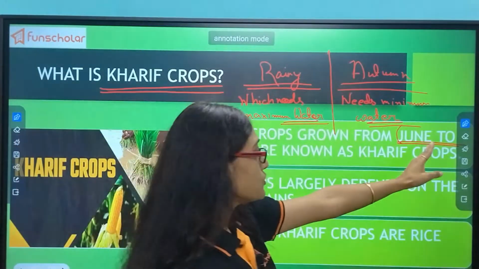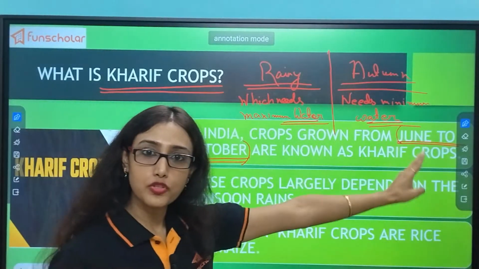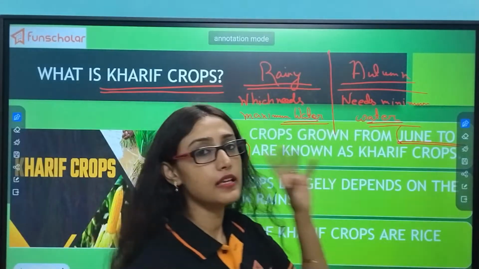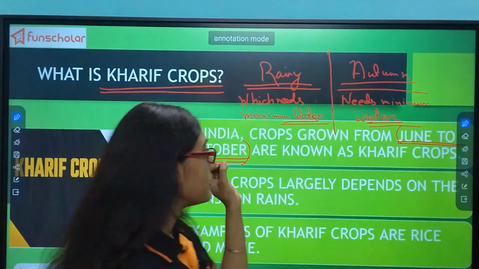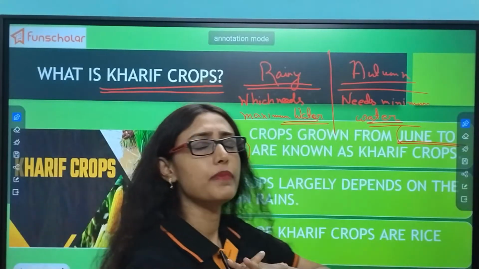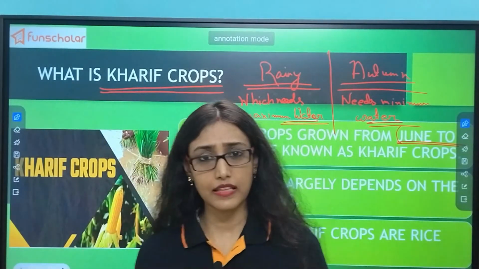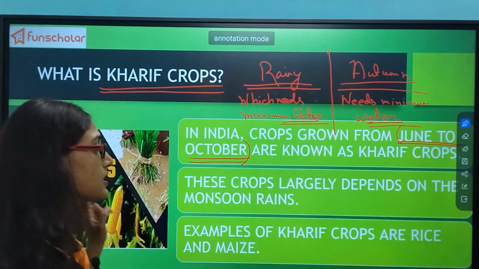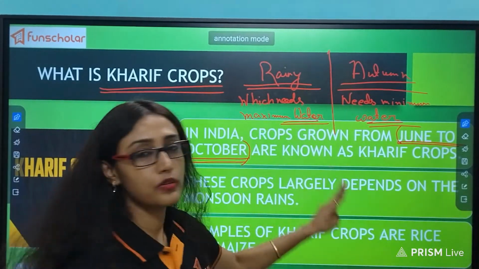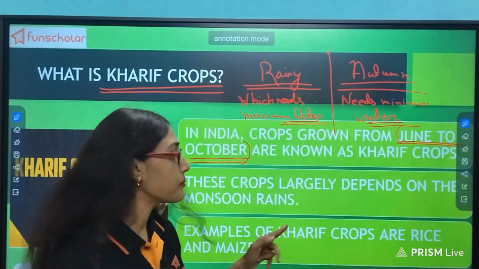Why in June? Because from June onwards, the monsoon or the rainy season begins in India. And why are only a few crops grown in this season? Because they need lots and lots of water. So such crops that grow from June to October are known as kharif crops.